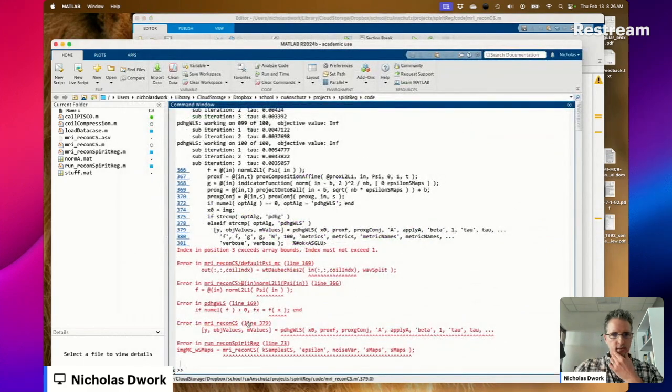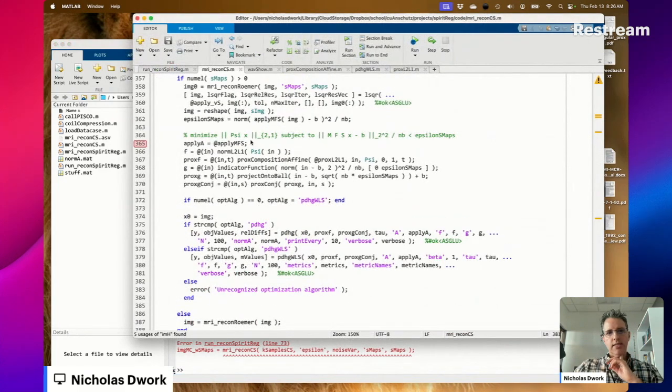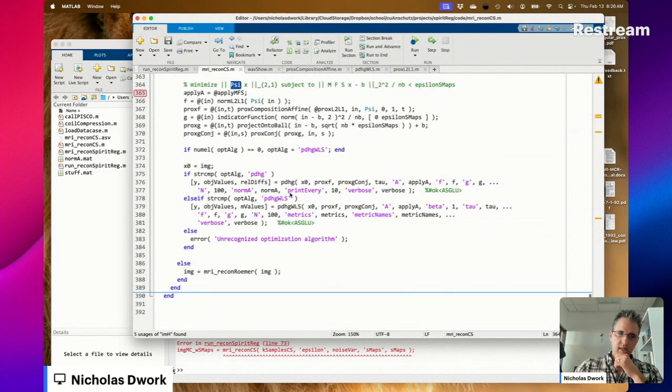Why did that fail? Index in position 3 exceeds array bounds. Index must not exceed 1. Oh, because now this is pretty tough, man.